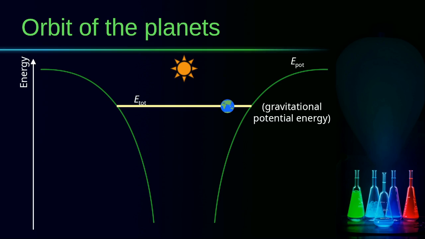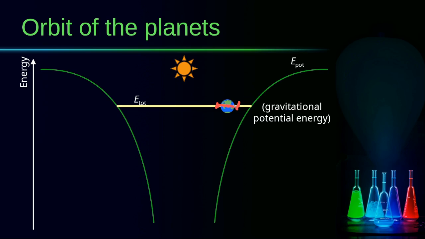So this energy diagram here shows the gravitational potential energy around the Sun and the orbit of a planet like Earth. And this yellow line here is symbolizing the total energy of the Earth. Well, Earth is not falling into the Sun during its orbit, but there are times when it's closer to the Sun. I think in December, Earth is closer to the Sun, and then in June, July, Earth is farther from the Sun.